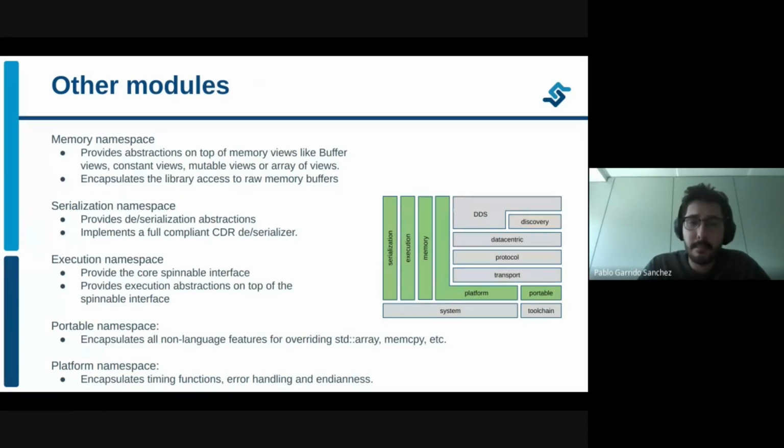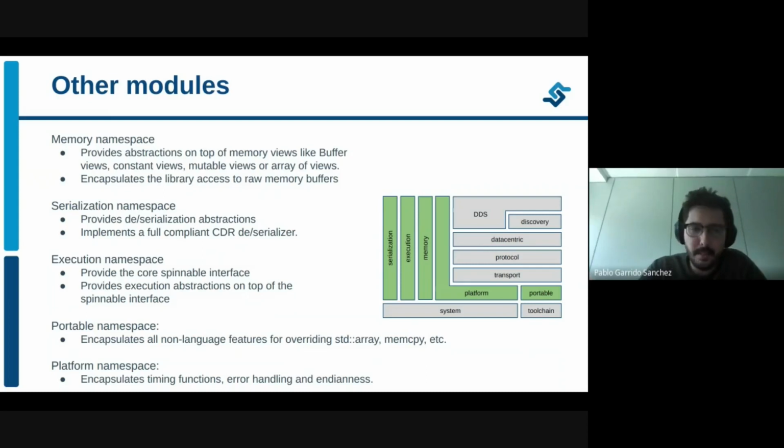We provide views on top of buffers that allow us to code the main stack with an abstraction on top of the raw memory. So this allows us to have full control over where we have a memory view that can be modified, or a memory view that is constant, or a memory view that is mutable, or an array of memory views, all those kinds of things that are important to keep the whole code base safe.